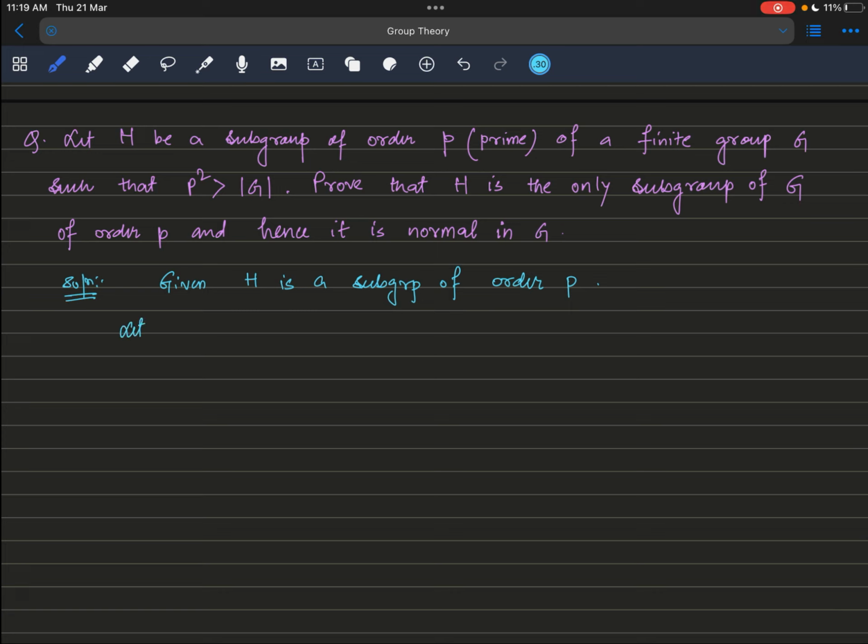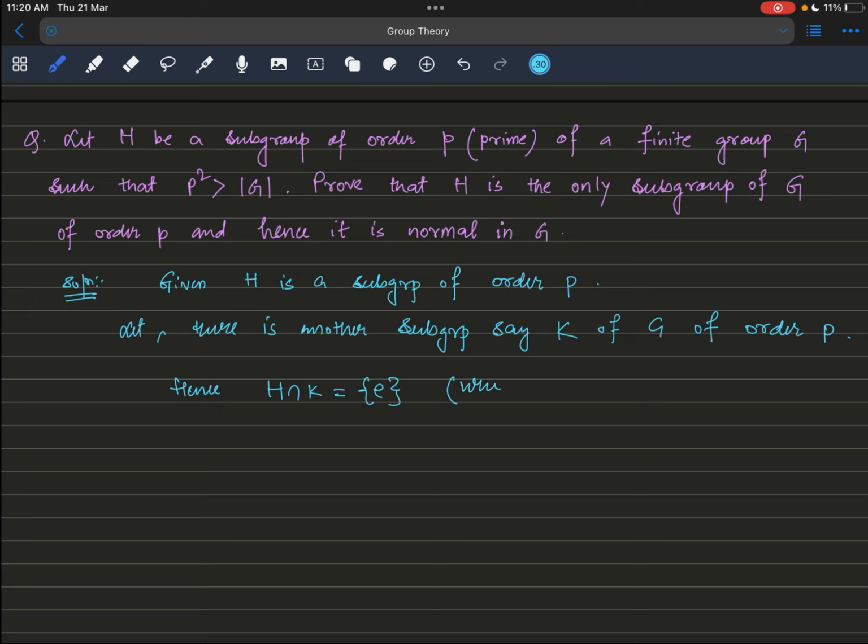Let there be another subgroup, say K of G of order p. Hence H intersection K is equal to the identity.